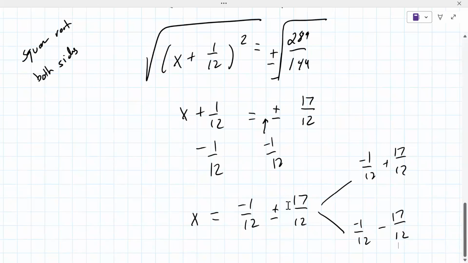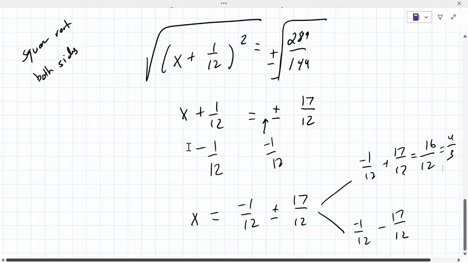Because we're dealing with a physical problem, negatives don't make sense. So this is the only possibility, which is 16 over 12, which is 4/3. But that is not the answer.